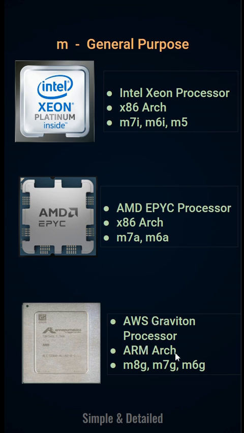It is an ARM-based architecture. As a solution architect, you can decide which instance type to choose based on the application. In general, AMD processors and Graviton processors are cost effective compared to Intel processors. So if the application supports that, you can always recommend that instance type as a priority.